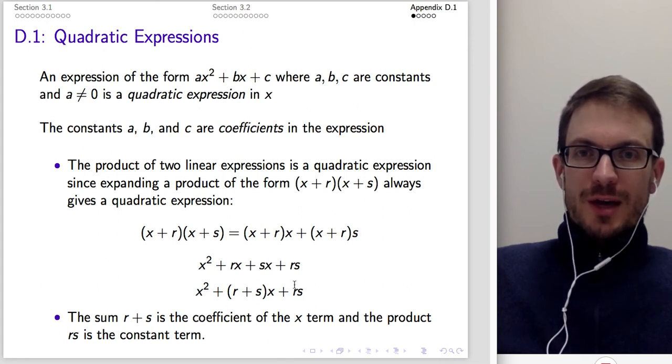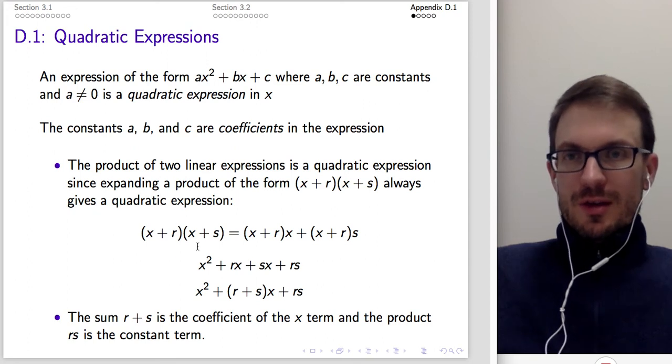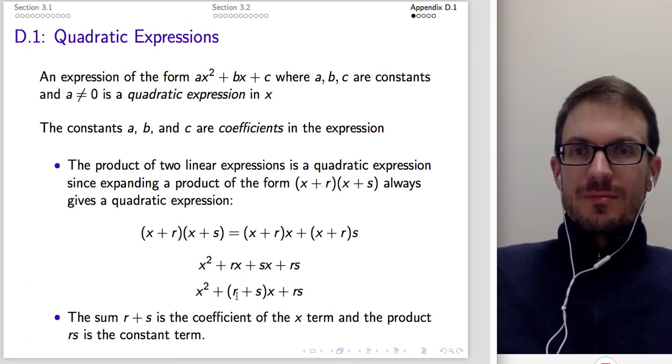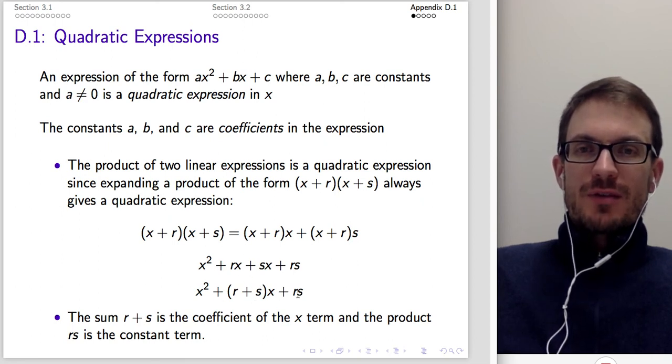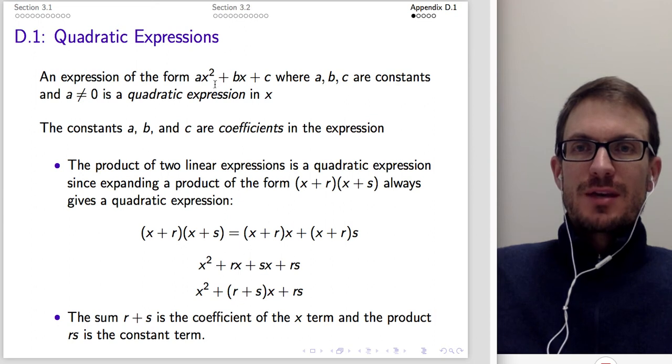They multiply to give us this term, it's a product, and then they multiply by the x's and add to give us the middle term, the b coefficient. Okay, so they multiply to give us c, they add to give us b. Multiply to give us c, add to give us b, and then the leading terms on the x's multiply to give us a. Okay.